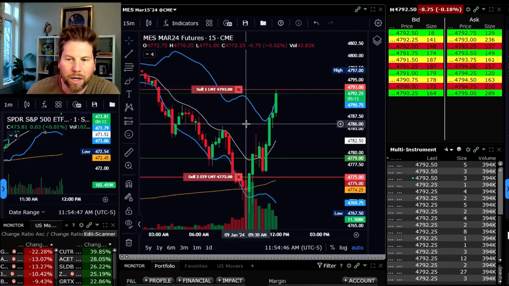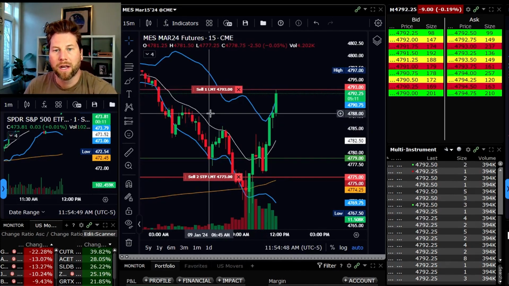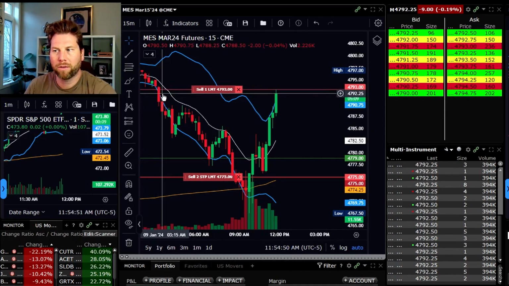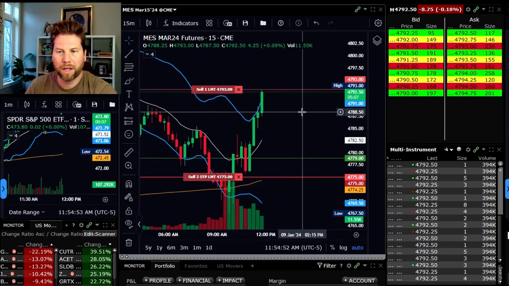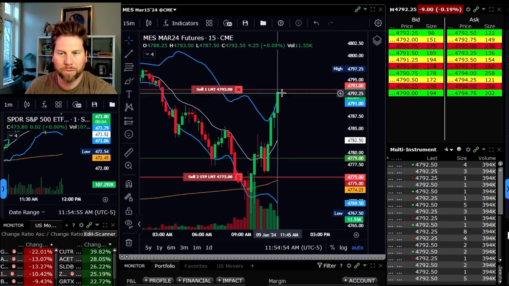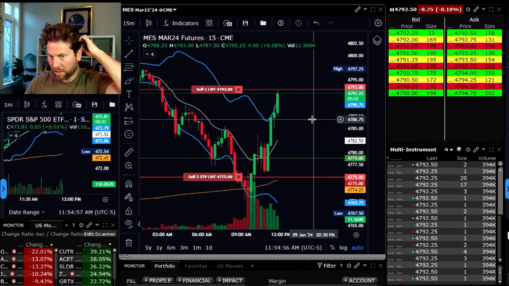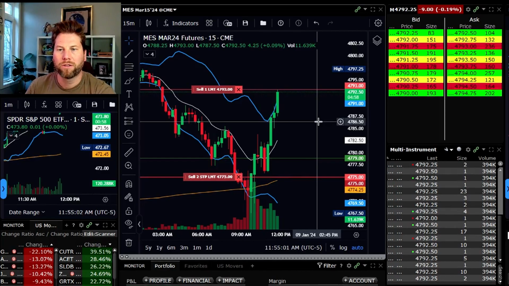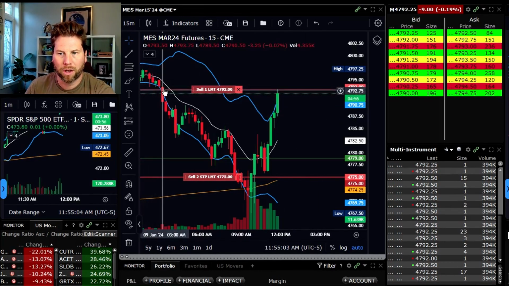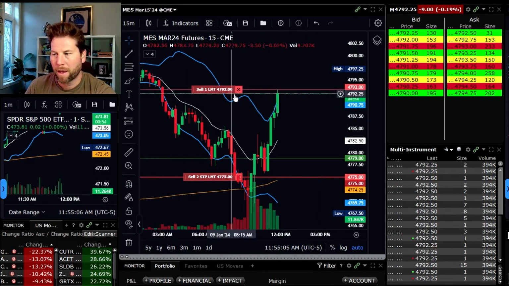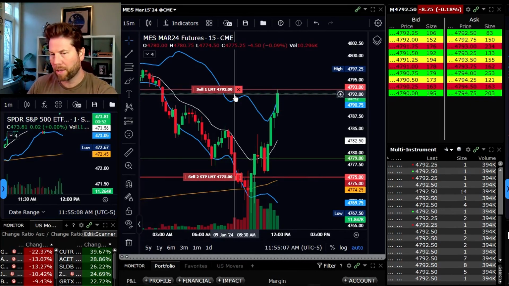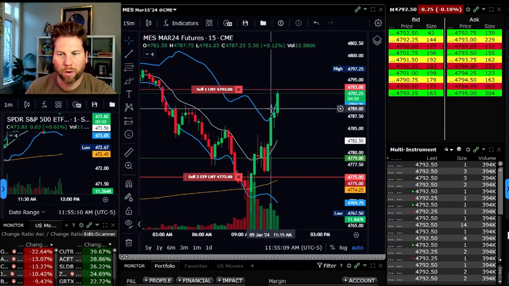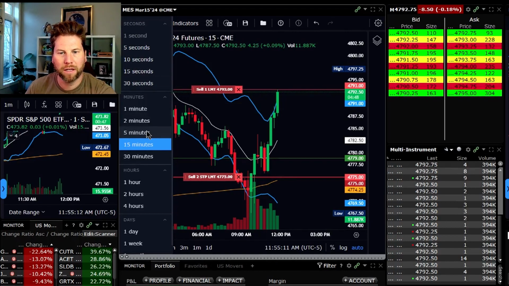But for my first target, or I guess my second target, I want to be doing just part of the meat of the move. And we can see here that it's finding some resistance. So the biggest thing for me is not being greedy and just taking the trade as it comes. I probably should have had it a little bit lower there, so we'll see what happens. But basically, we're going to let this play out and see how it goes.